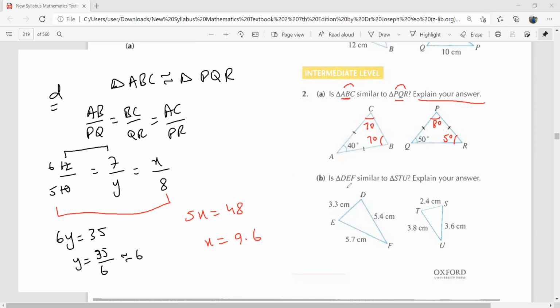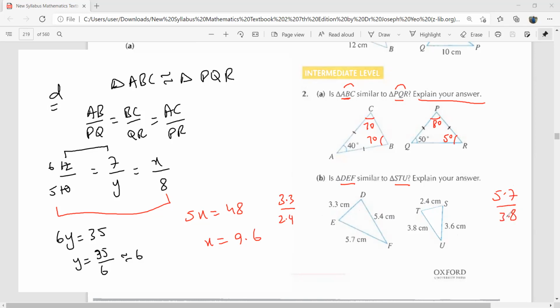Now look at this. It says triangle DEF is similar to triangle STU. Now you can either use these names over here, or you can have the ratio between the smallest and then the longest and then the medium one here. So from here, the smallest side is 3.3, and here it is 2.4. Okay. And then the longest side from here is 5.7, and here it is 3.8.